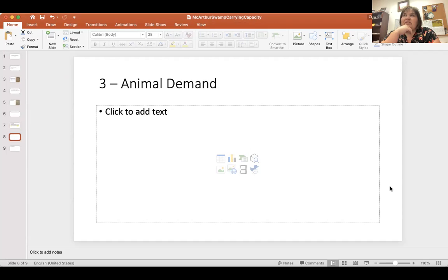So there's like, I think 20 to 30 whitetails but that's it. And so that's not worth trying to figure out right now as well. So the animal demand is going to be limited to cattle only.